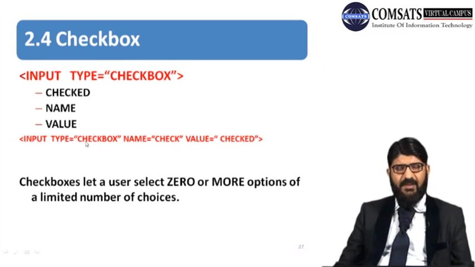So input type is checkbox, name is checked and value is checked. So checkbox will be the type of the field, the title of the field will be the name, and the value that will be shown inside is checked.